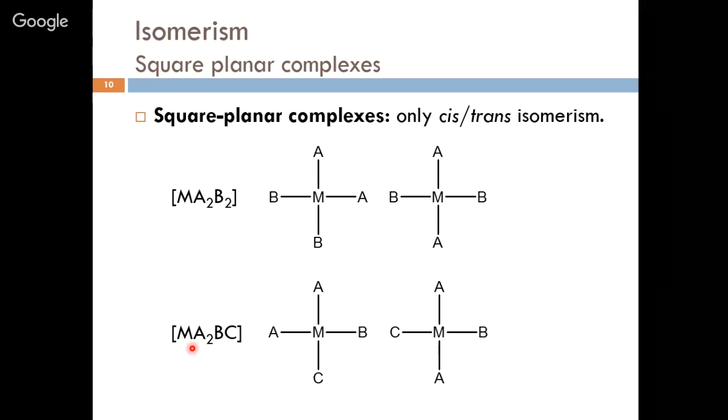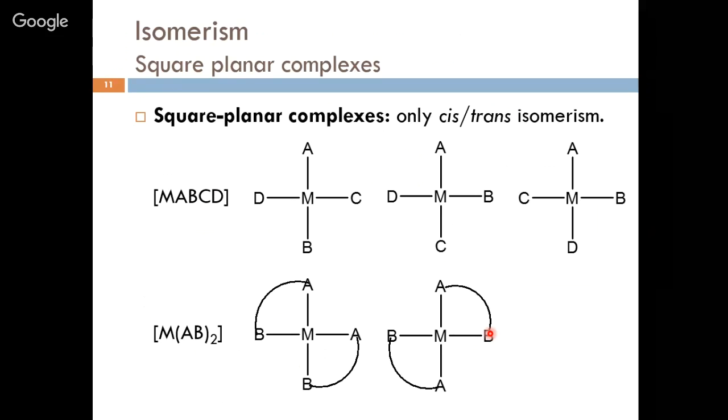If we have 2 of ligand A and then B and some third ligand, then we can still have a cis and trans form, one where the 2 A's are next to each other and the others are on the other side, and one where the A's are across from each other and the others are across from the B and C ligands. If we have 4 different ligands attached to the metal, and we still have a square planar complex, then we have a little bit more complicated situation.